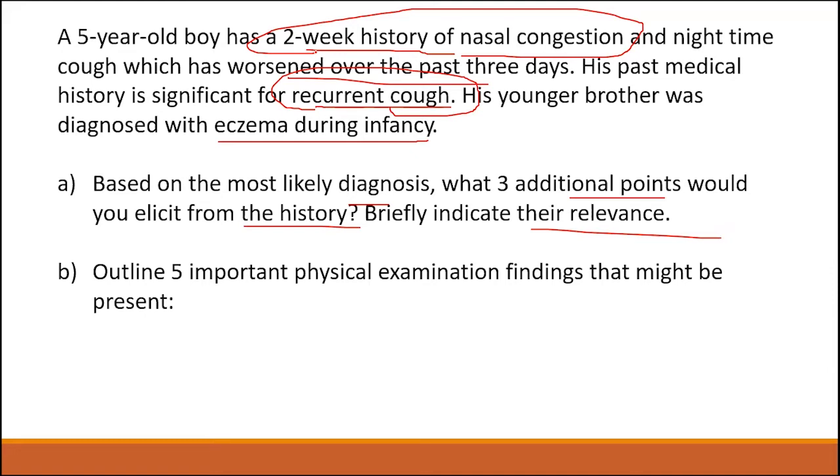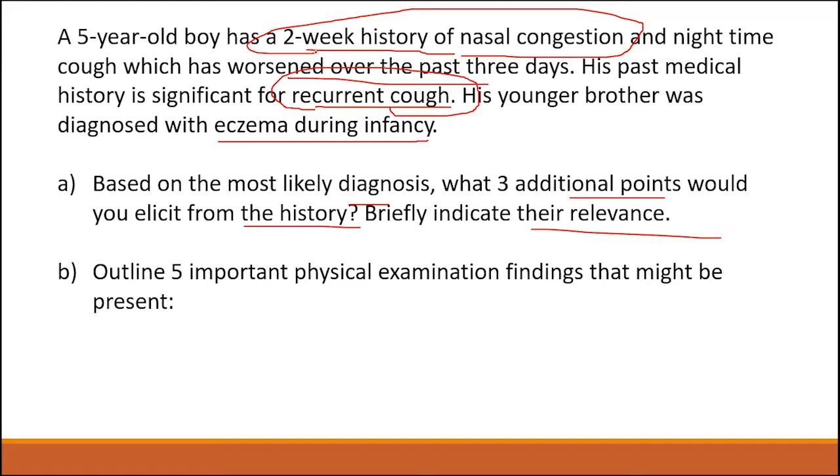Okay. So 1, inability to complete sentences, or a full sentence. Dyspnea is there. Very good. Continue. Tachypnea. You'll be having difficulty, so you're trying to breathe. Tachycardia, tachypnea, dyspnea.